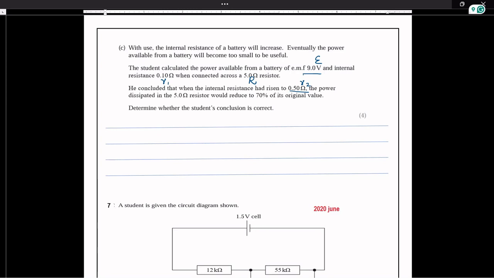So let us say the first case, R1 internal resistance is 0.1 ohm. The second case, R2, is 0.5 ohms.